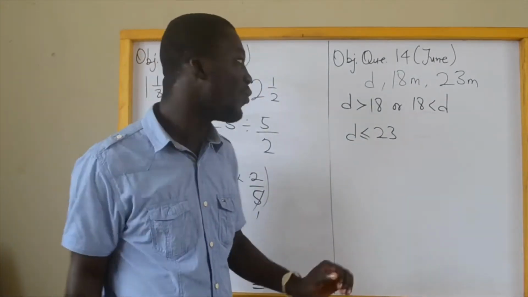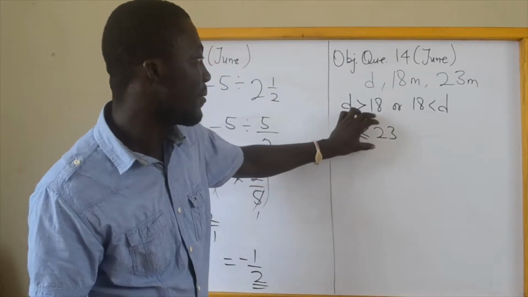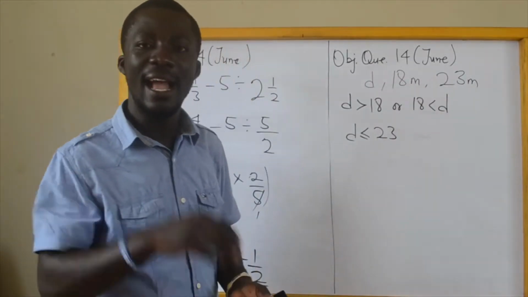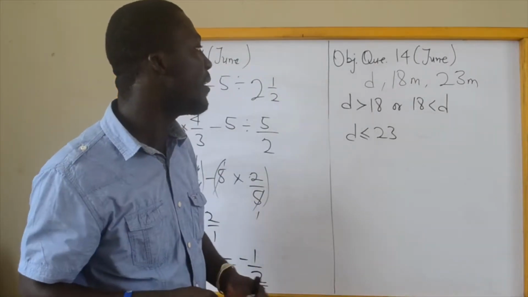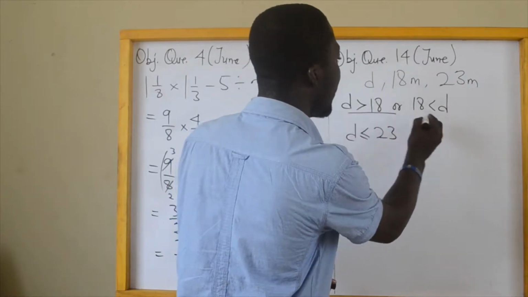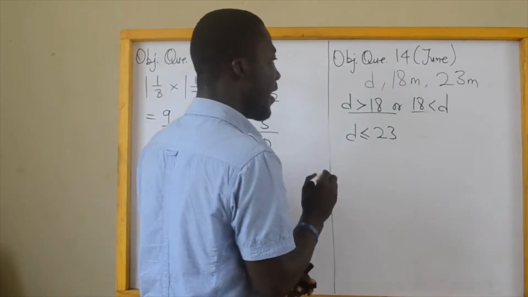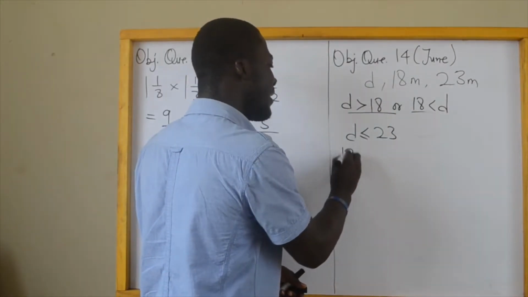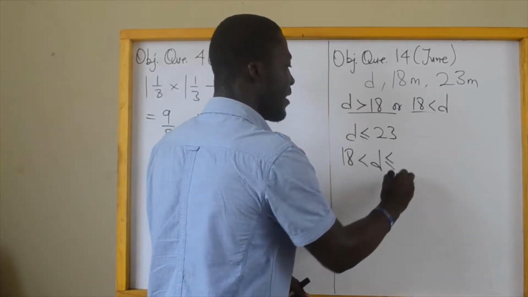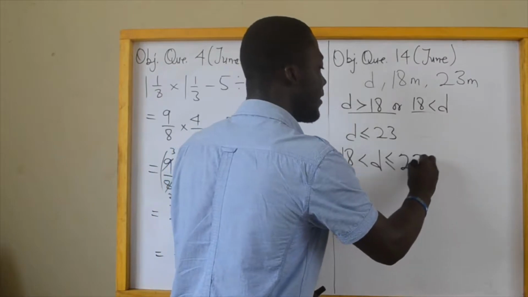So we are going to write this inequality and this inequality as one. We are going to combine them. So we can rewrite it as 18 is less than d, which is less than or equal to 23.